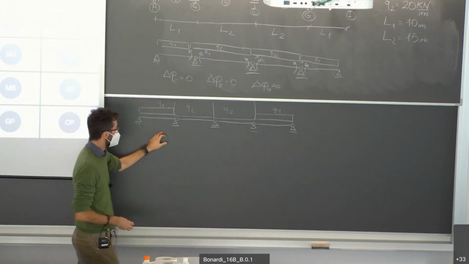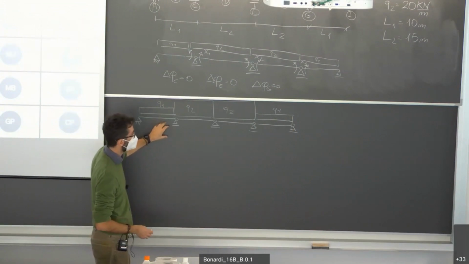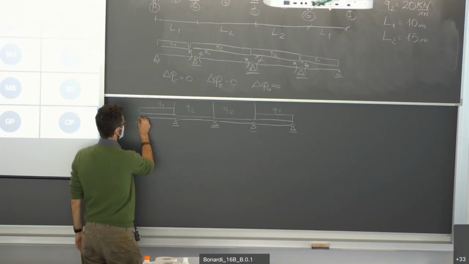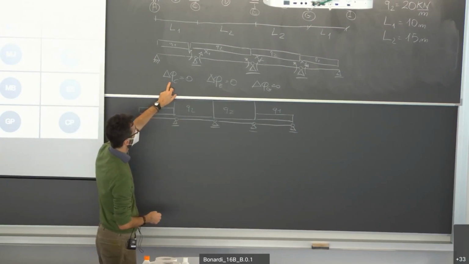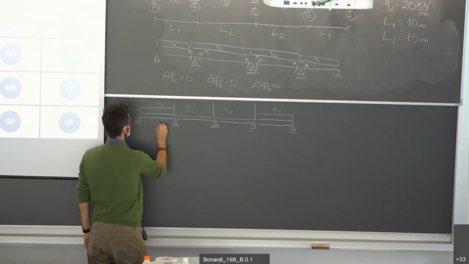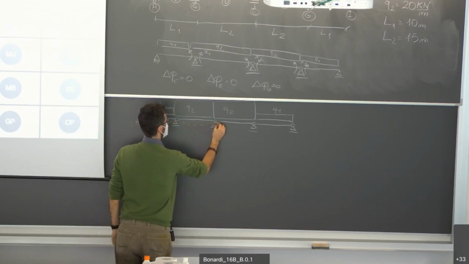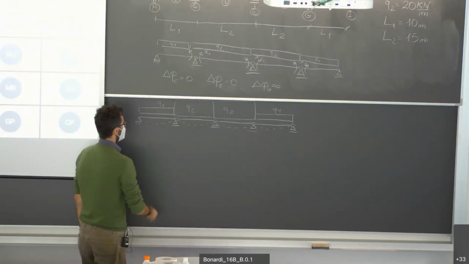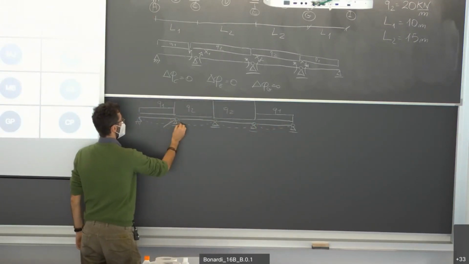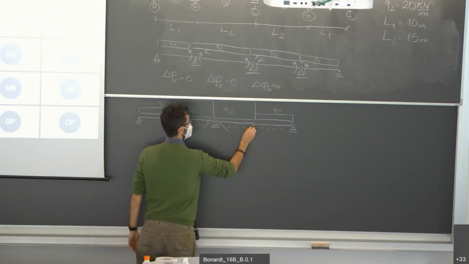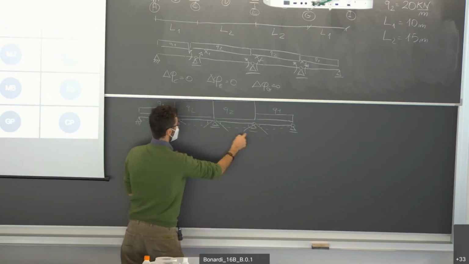When we consider the structure undergoing these loads, we have to think about the influence over these three rotations. So we draw the deformed shapes. We are interested in this, and only these angles.